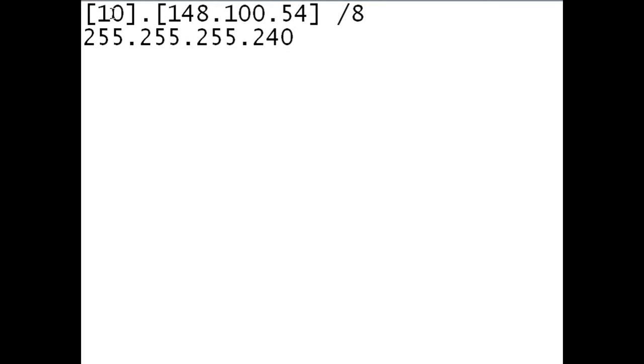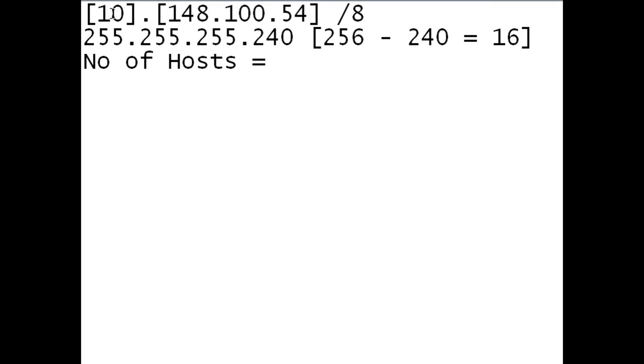Let's calculate from the magic number: 256 minus 240 is 16. That means it is a block size of 16. So the number of valid IP addresses in this network is 16 minus 2, 14.